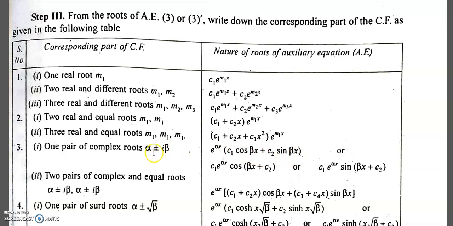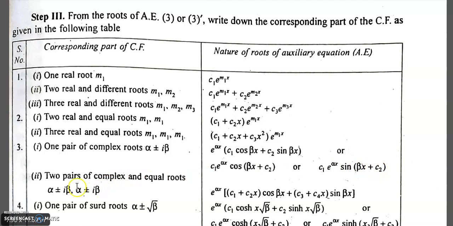That means if the roots occur as alpha plus minus i beta, the solution is e power alpha x into c1 cos beta x plus c2 sin beta x. Or we may write it like this: c1 e to the power alpha x cos of beta x plus c2, or c1 e to the power alpha x sin of beta x plus c2.